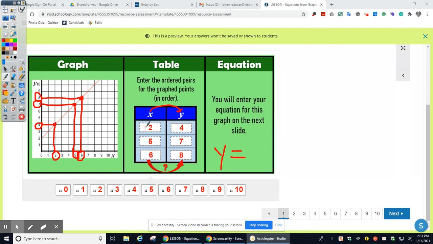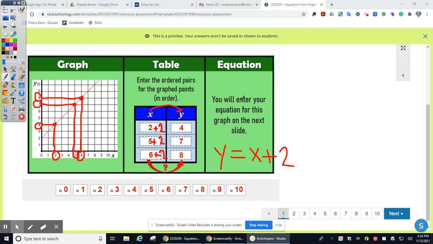So I know that to get from 2 to 4, I add 2. 2 plus 2 gives me 4. Let's see if it works all the way down. 5 plus 2 is 7, and 6 plus 2 is 8. So my rule would be to take my x and add 2.